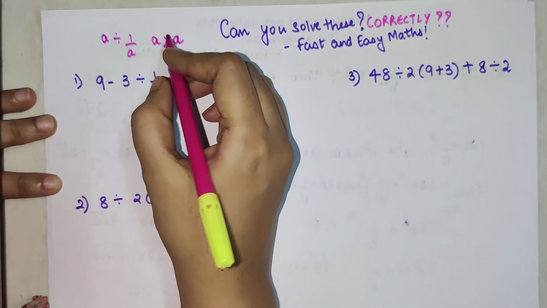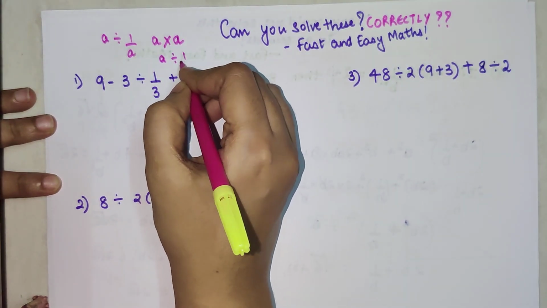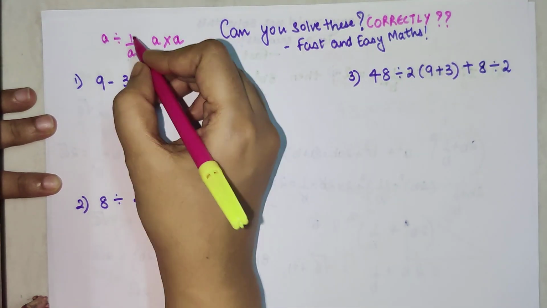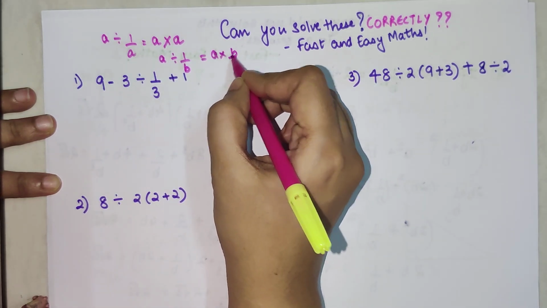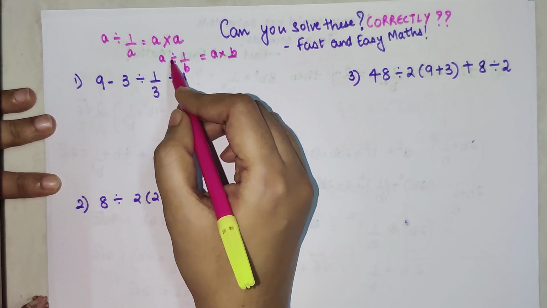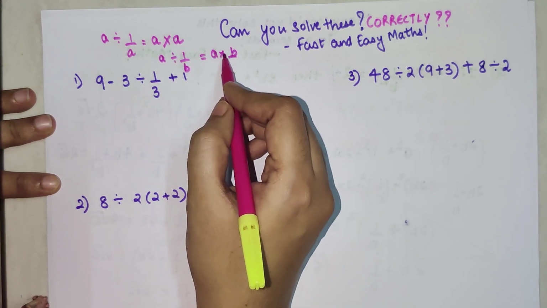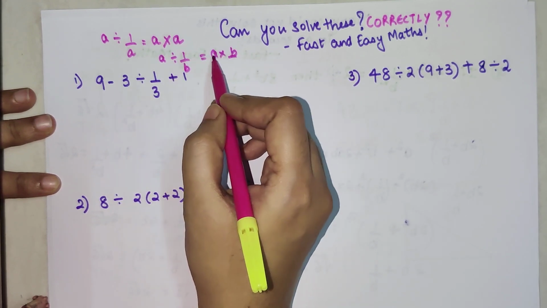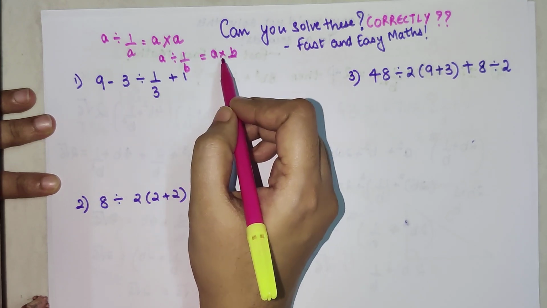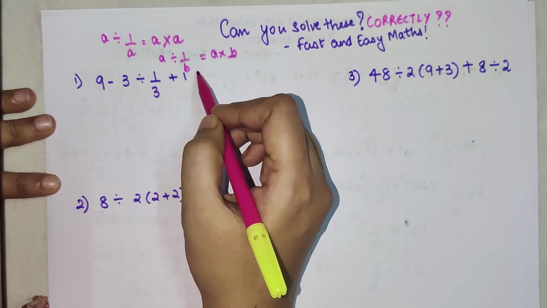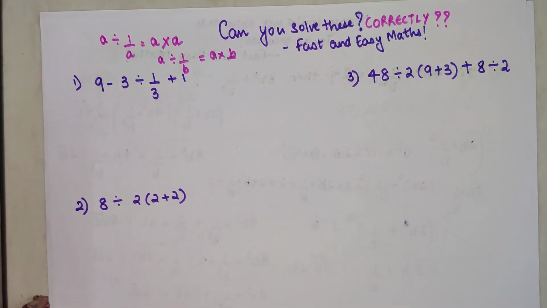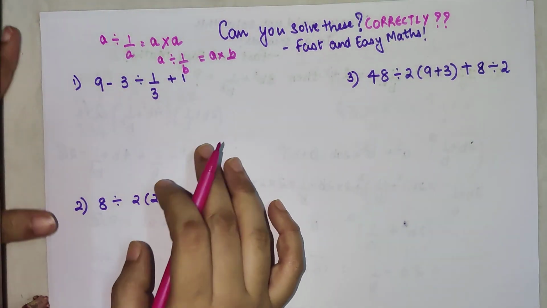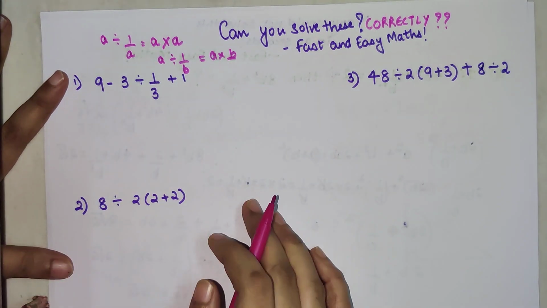If you had a divided by 1 upon b, then this would become a into b upon 1. Why? Because I just changed the division sign to a multiplication sign. Once you change that, you have to do something on the other number as well, and what you do is just reverse the fraction. That's it. Once you do the reversal, everything is fine.